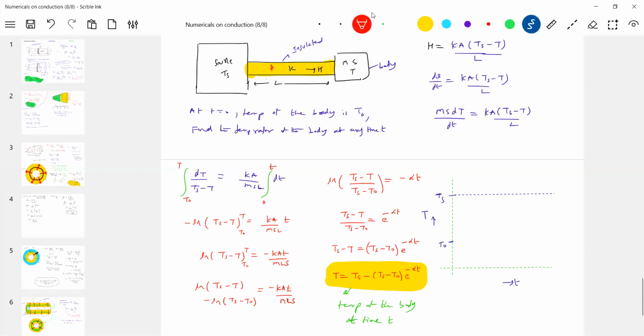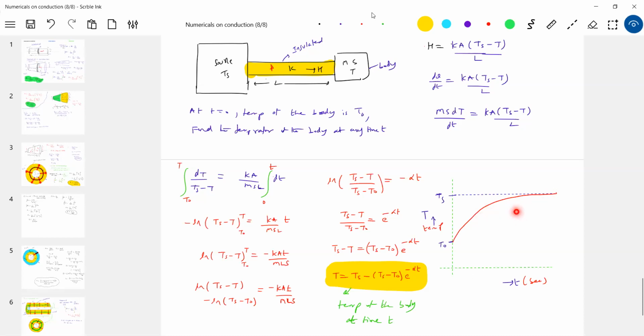The curve will be exponentially increasing. This will be the curve. Okay, fine. The temperature of this body will increase exponentially, not linearly. We thought okay, but what this curve says is that it increases exponentially. When will it become the temperature of the source? After a long time.